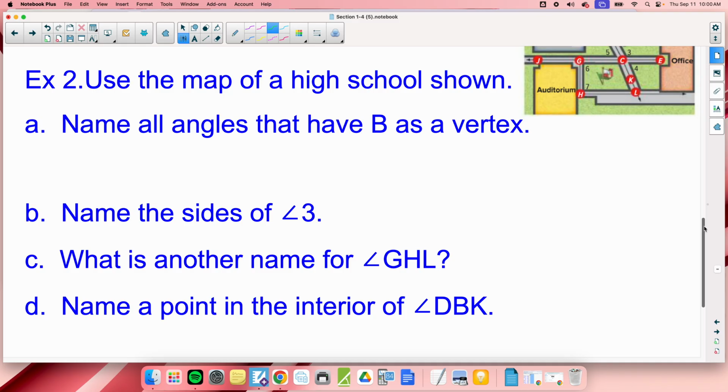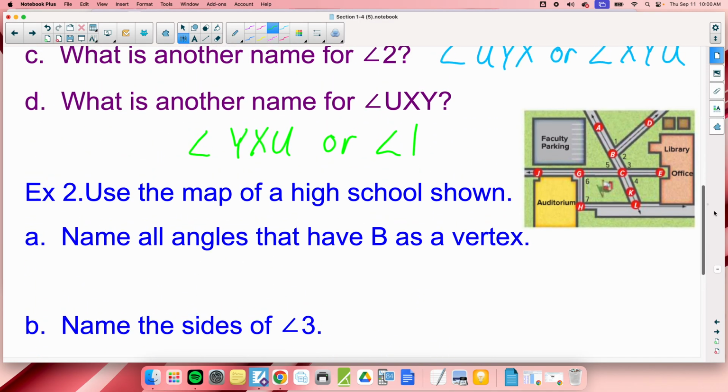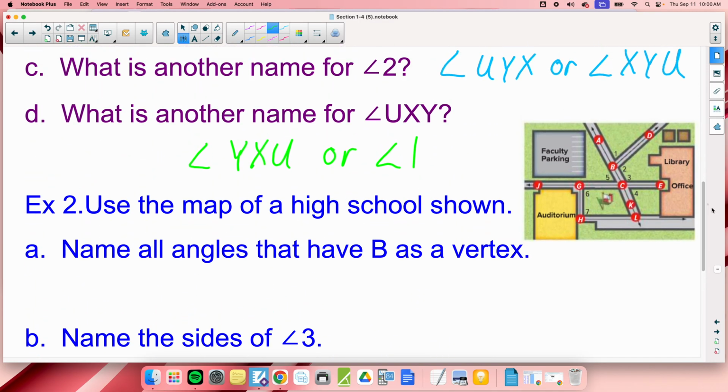All right, so the next one says to use this right here and name all the angles that have B as a vertex. So this would be 1, and then this would be another. So this one as well as that one.